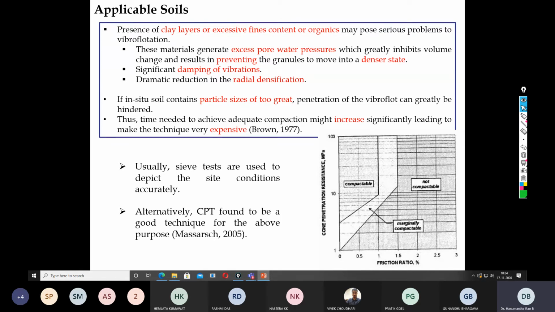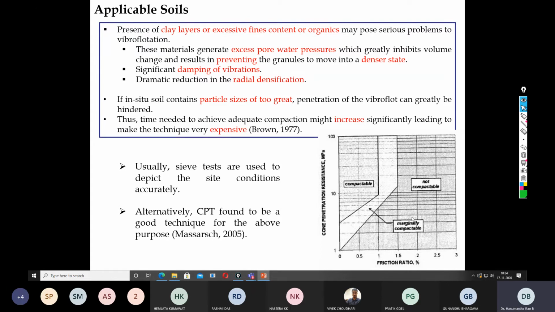Depending upon the values of the cone penetration resistance versus frictional ratio, you can identify the different zones of the soil sample. Depending upon the ratios, they have earmarked three zones: a compactable zone, marginally compactable zone, and not compactable zone.